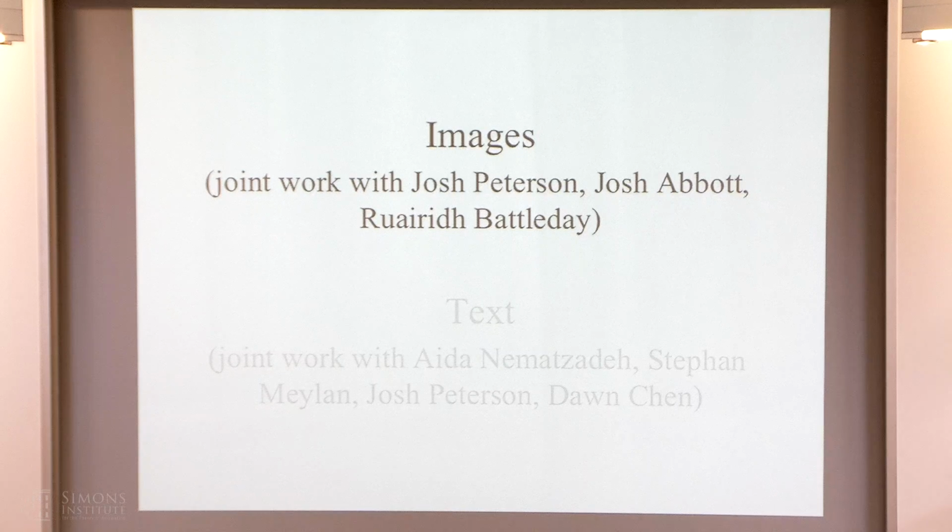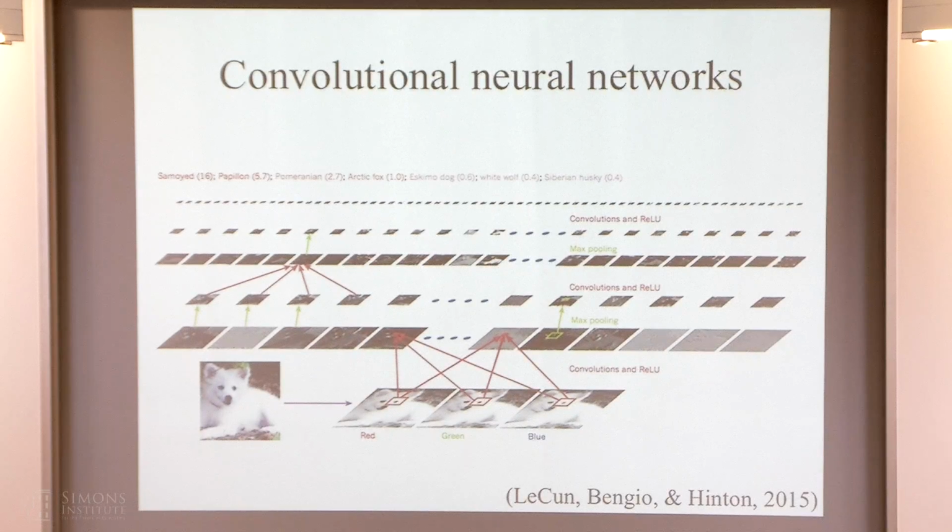Okay, so the canonical method we've been talking about for working with images is convolutional neural networks. At this point, I don't need to say a lot about how these work and what they do. There's been a little bit of work which has looked at how some of the internal representations in these models correspond to what's going on in the human visual system, where they take the activations of nodes from those hidden layers and correlate them against neural activity as measured by MRI or other methods.